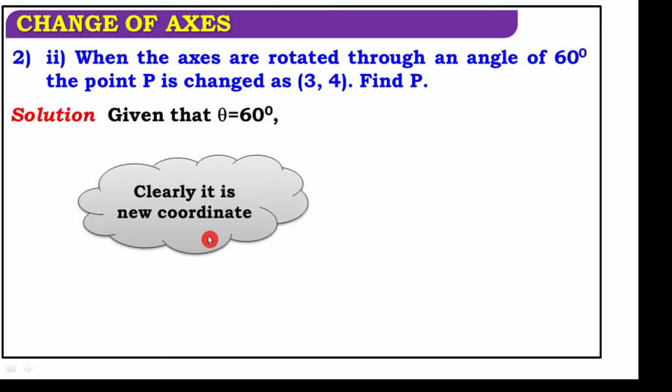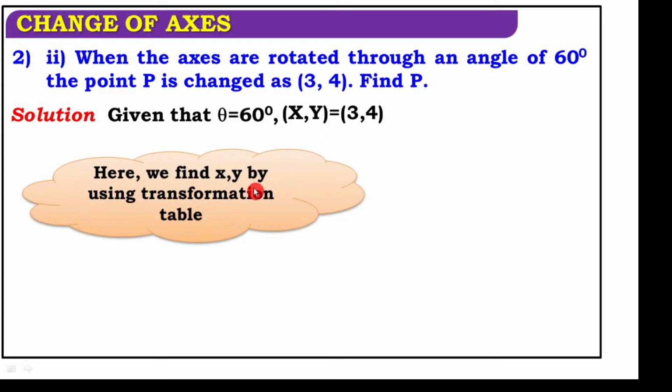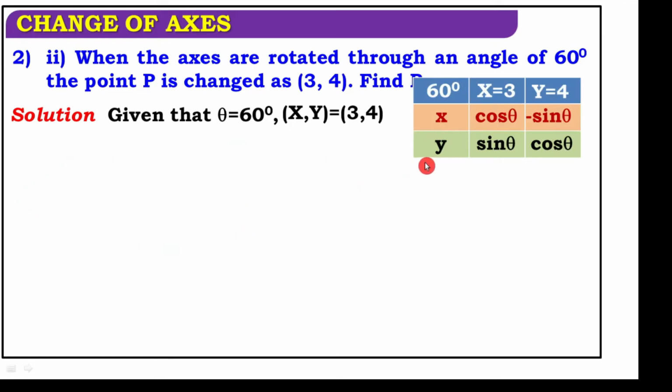Clearly it is the new coordinates. So capital X, Y is (3, 4). Here we find small x, y by using the transformation table, with theta 60 degrees, capital X equals 3, capital Y equals 4. We have to find the values of small x, y.